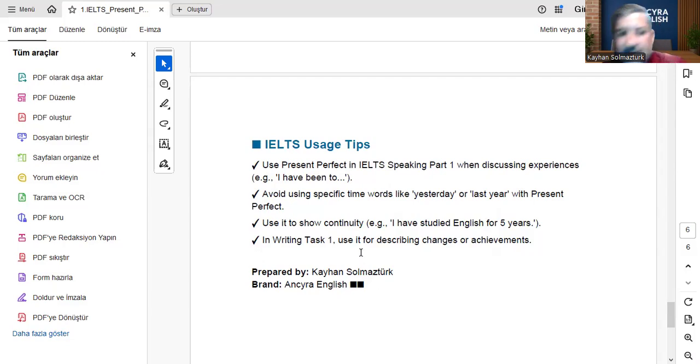Formal letters. So in writing task one, use it for describing changes or achievements. For example, describing changes. Okay, so be careful.